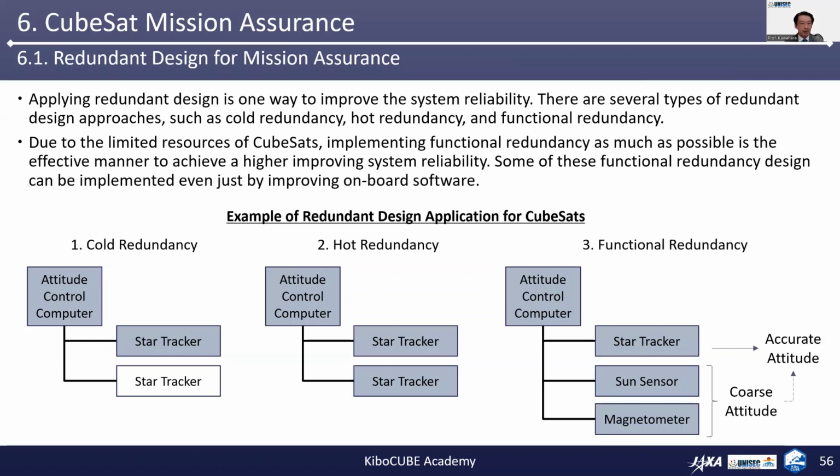So due to the limited resources of CubeSats or small satellites, implementation of functional redundancy as much as possible is an effective manner to improve system reliability. It is also noted that some of these kinds of functional redundancy designs can be implemented by simply improving the onboard software.